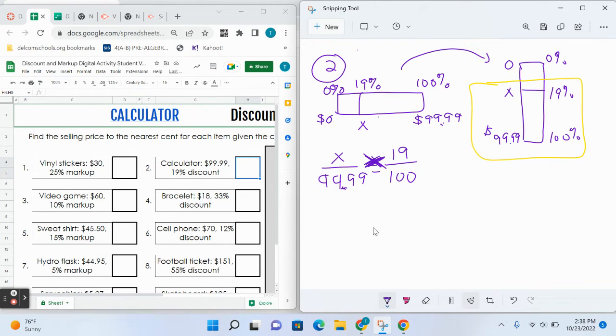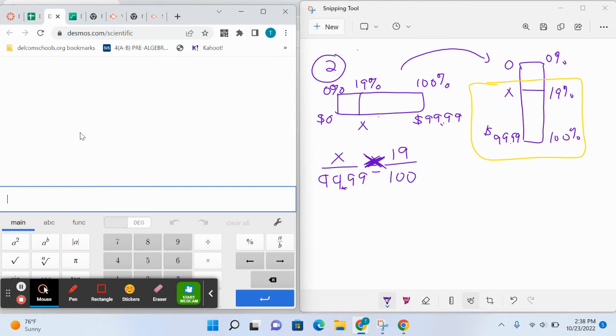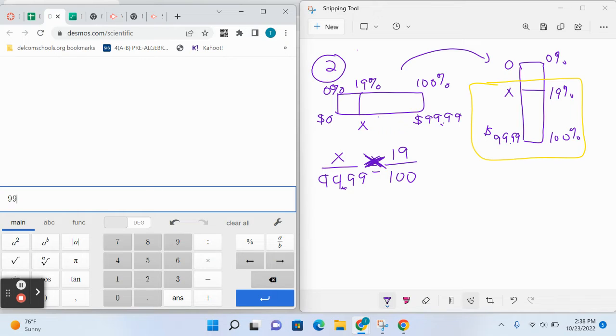But anyway, let's go ahead and do the butterfly. 19 times 99.99. There's a calculator link on top. 99.99 times 19.